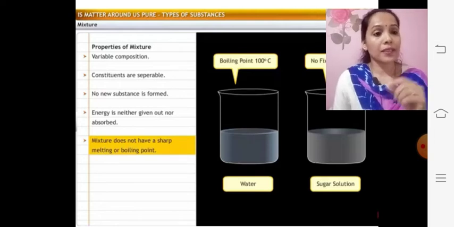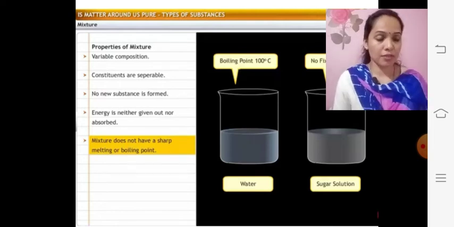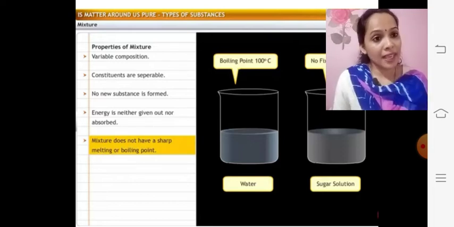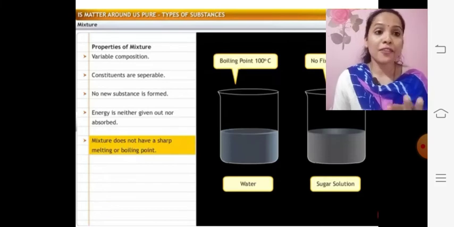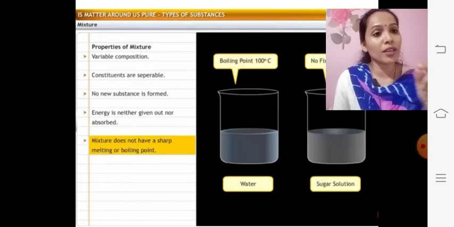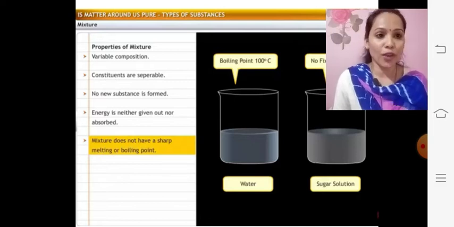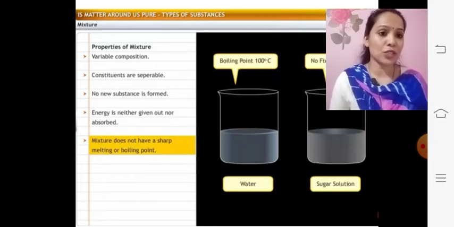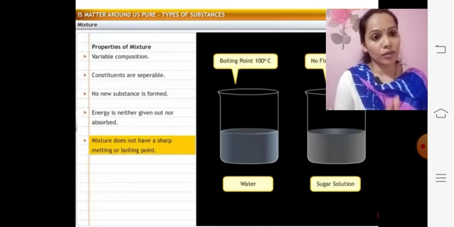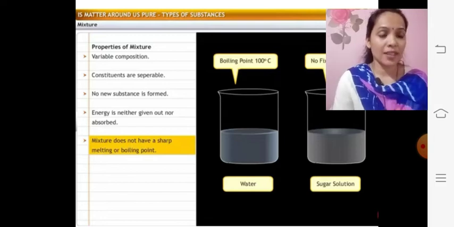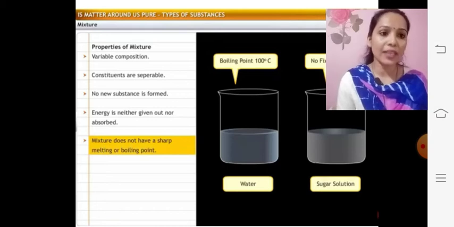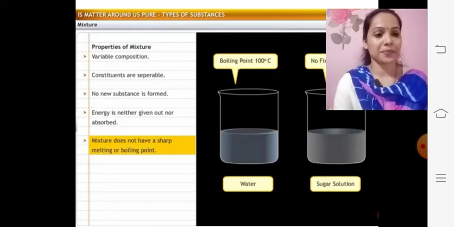But if it is a sugar solution, that is a mixture and no more a pure substance, then water is there, but still the boiling point will vary depending on how much sugar you have dissolved in water. Since the composition is variable in a mixture, the boiling point cannot be fixed. So, we can say that a mixture does not have a sharp melting or boiling point.